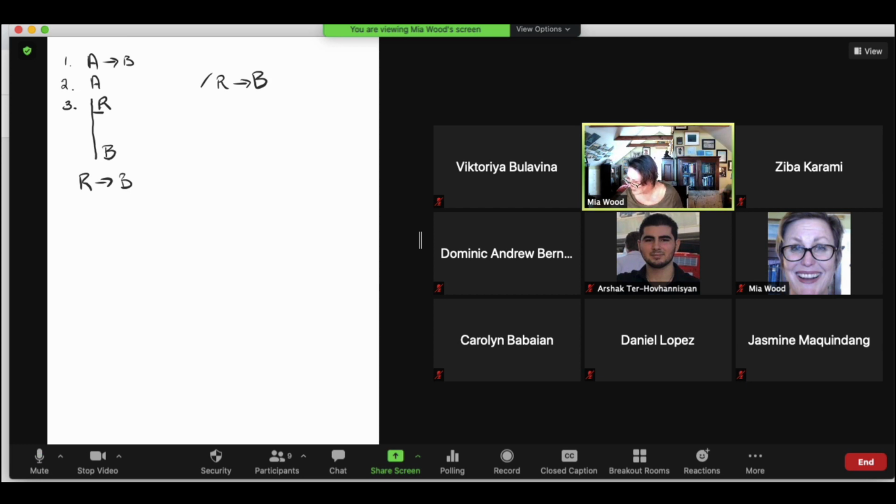Okay, let's do it. So line 4: we've assumed R, and then we've eliminated the conditional at line 1 by affirming the antecedent at line 2. So now we can introduce the conditional.